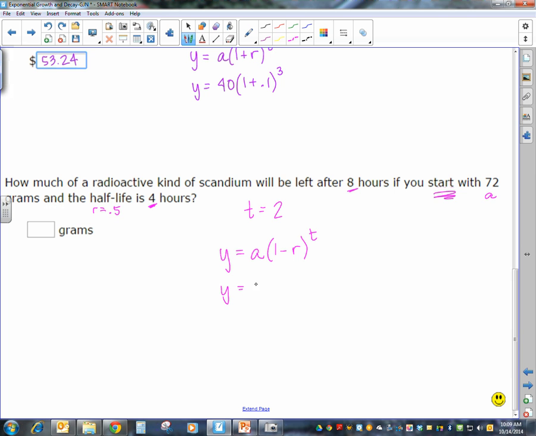And Y equals 72 was A, 1 minus R is 0.5, and T is 2. So plug that in your calculator, pause if you want to, start back up, and you'll get an answer of 18 grams. So make sure you know how to use your individual calculator when you do these problems, and if you have any questions, please come see me.